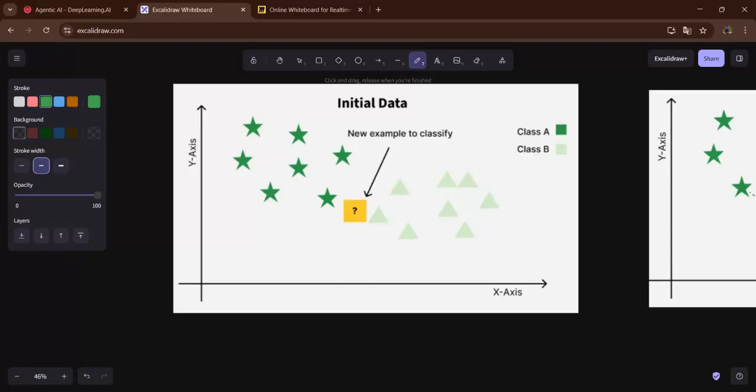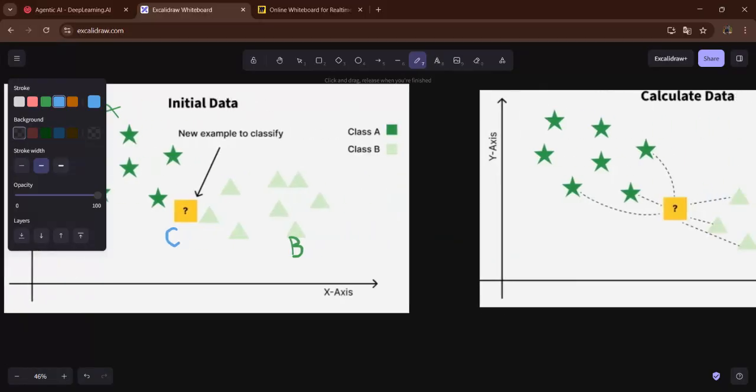This green one is class A, and this is class B, and this yellow one, suppose it is C. C is the new example to classify, and we have to decide whether C is a member of class A or class B.